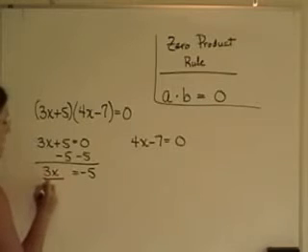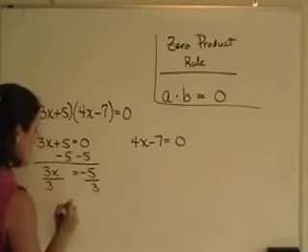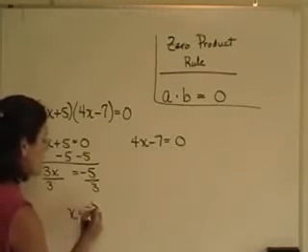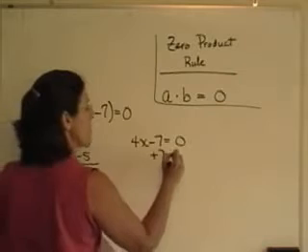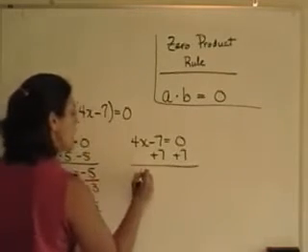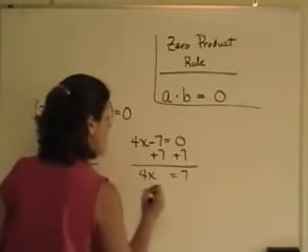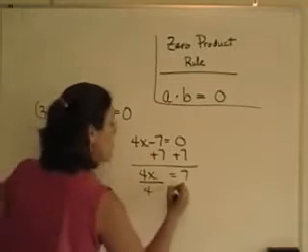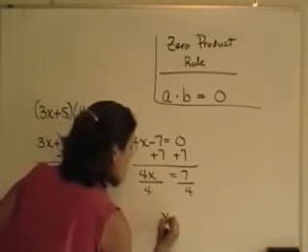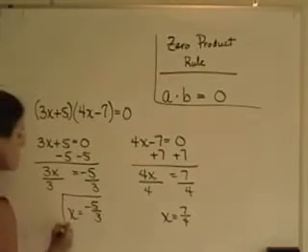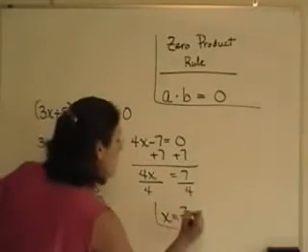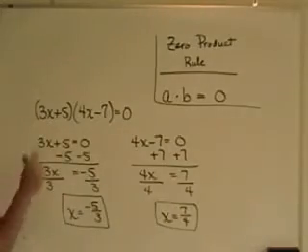And then to solve for x, we'll divide both sides by 3, and one of our solutions for x is a negative 5/3. The other one over here, when we add 7 to both sides, and we have 4x equals 7, and then divide both sides by 4 to get x alone, the other solution for x in this problem is 7/4. Again, x equals a negative 5/3 and x equals 7/4 are the two solutions to this equation that will make it equal to 0.